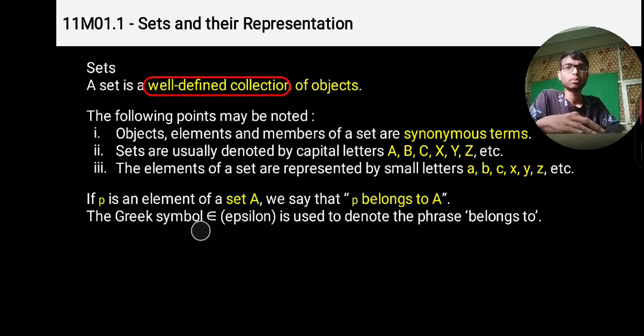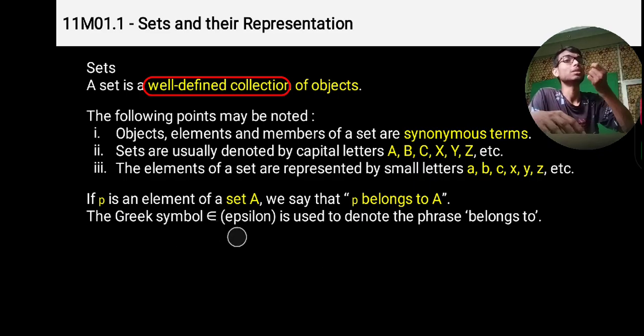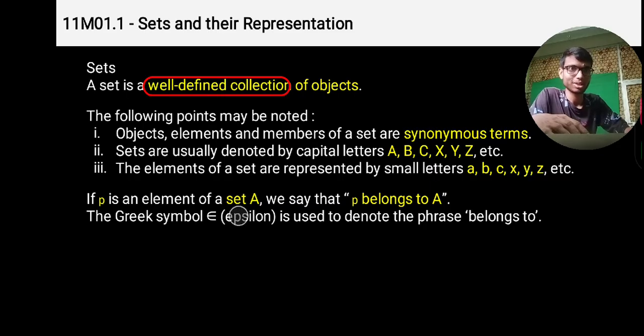Now the Greek symbol epsilon is used to represent belongs to. Remember, this symbol will be used to represent belongs to. It looks a bit like an e, not completely.